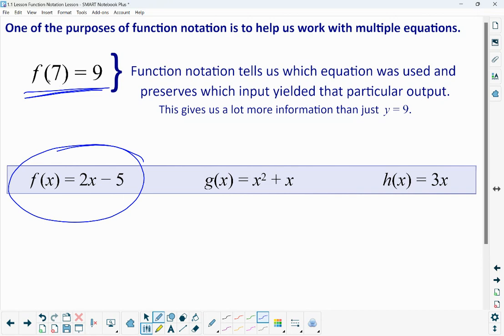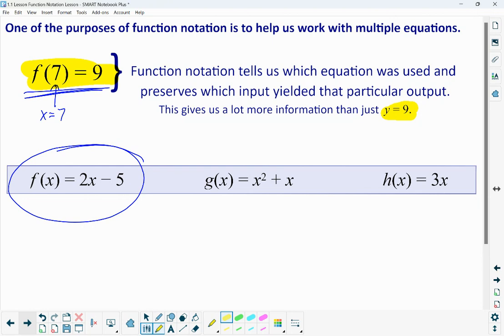I know that the input is 7. So I know right away I'm talking about an x value of 7, and then I know that the output is 9. So it's just a lot more information than just saying y equals 9. And that 9 we can think of as a y value, but this notation just encodes so much more information than simply writing y equals 9.